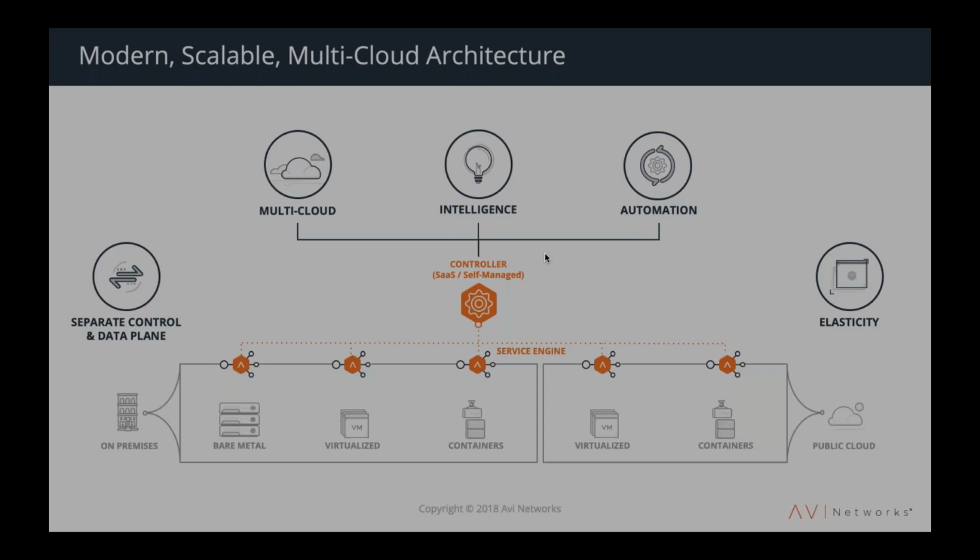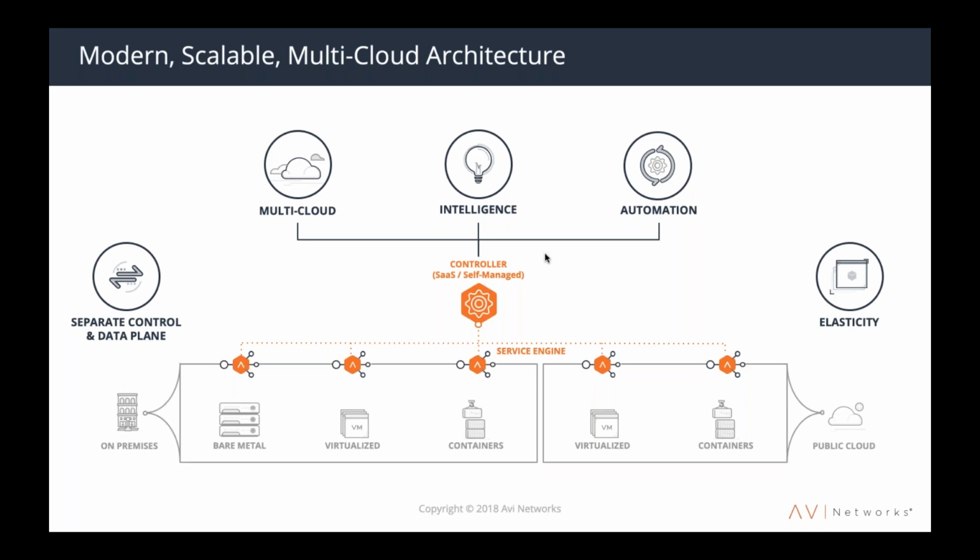Okay, so to understand a little bit better how the Avi Vantage solution is integrated, we have to look at its architecture. Avi itself separates the control plane and the data plane. The control plane is our controller, which does all the integration into Kubernetes, for example.